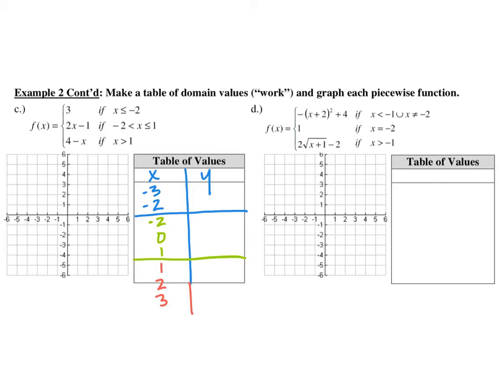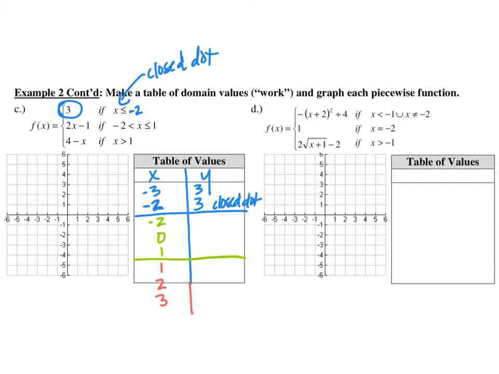So for the first one, there's nothing we can substitute in for the x. So our output for each one of these is going to be 3. This is an or equal to here, so we know this is going to be a closed dot. Closed dot at the -2 because of this -2.